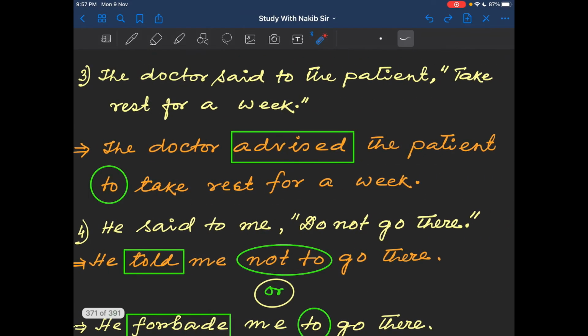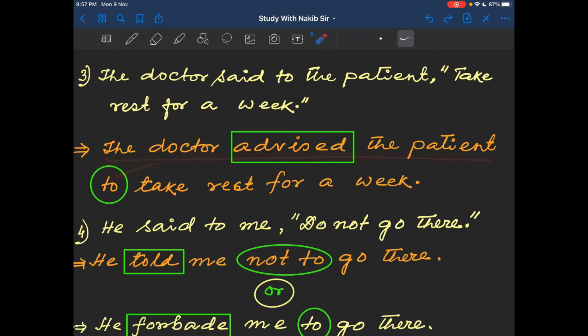Okay, now see the third example. The doctor said to the patient, take rest for a week. Obviously it is a piece of advice. So change the reporting verb to advise, and it will be: the doctor advised the patient, and to is the connective.